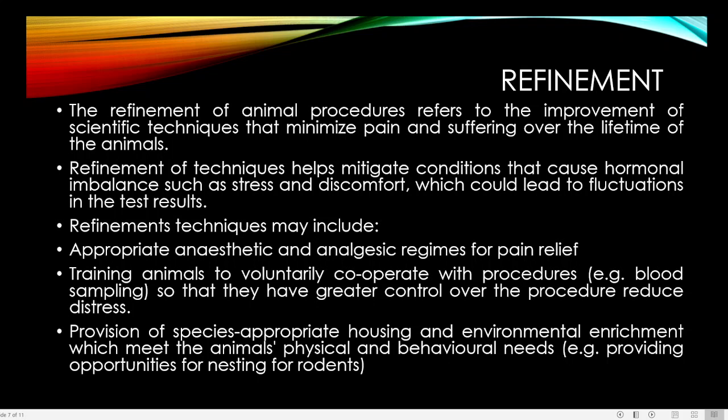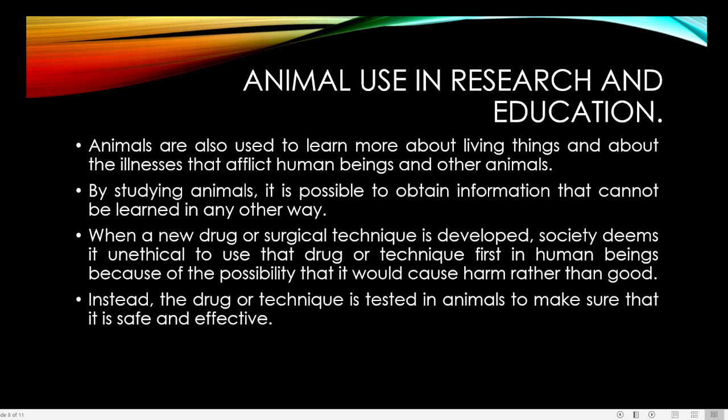If this aspect is neglected, that is, I have done my research and simply throw the animal away, sometimes it may die, sometimes it may live, that kind of approach is not ideal for a responsible scientist. That is why this principle known as refinement is an important thing. Refinement simply means reduce the pain, treat the animal properly, care for the animal properly. That is the fundamental idea present in refinement.